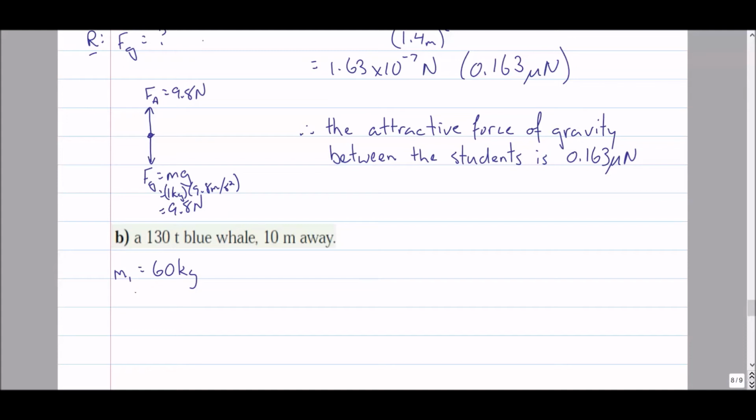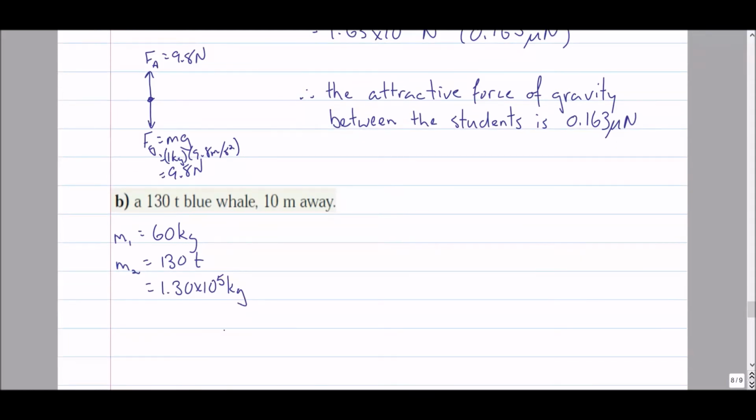So M2 would be 130 metric tons, or 130,000 kilograms. So it would be 1.3 times 10 to the power of 5 kilograms would be the mass of the blue whale. The separation distance here is going to be 10 meters. And again, this is the information that we're given.